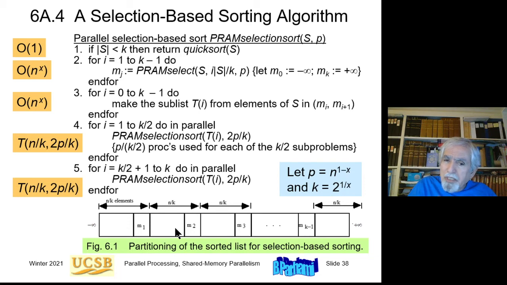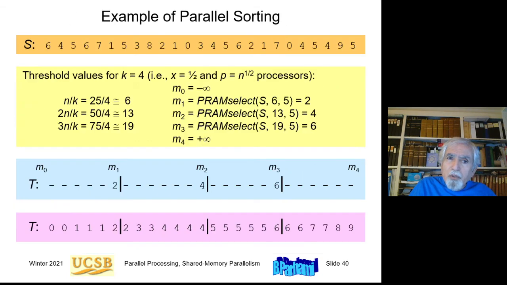So each processor independently determines how many elements it will contribute to these sublists, and then we perform parallel prefix computations to determine where each processor should start storing its values. This example, I'm going to let you study on your own to see how the algorithm actually works on this pretty short list.